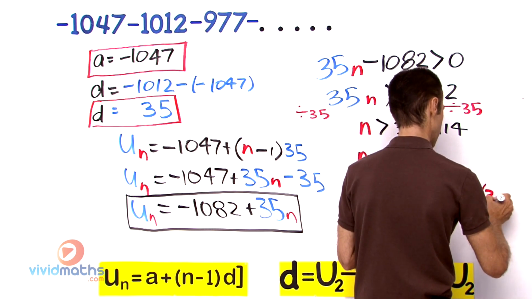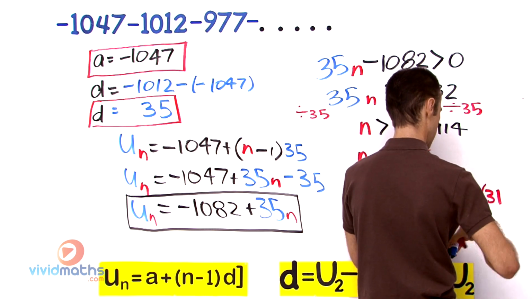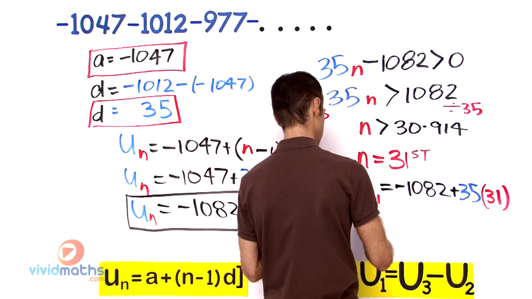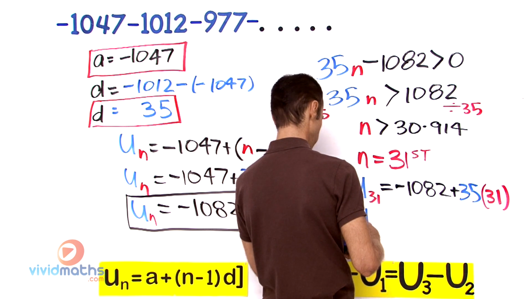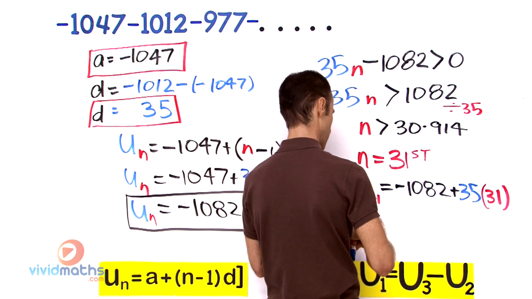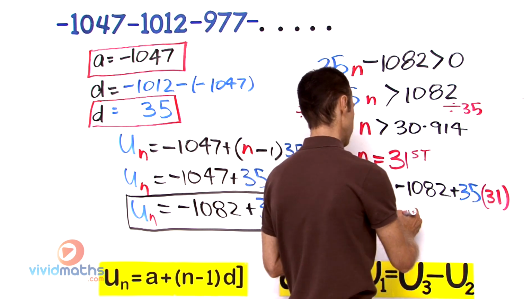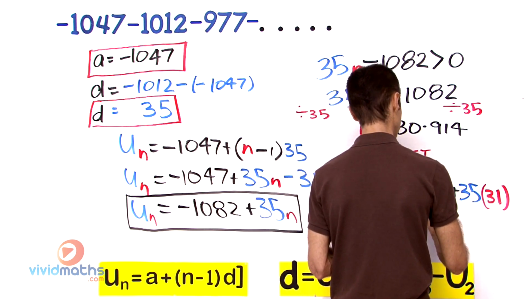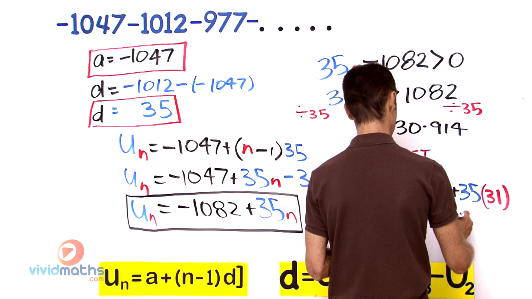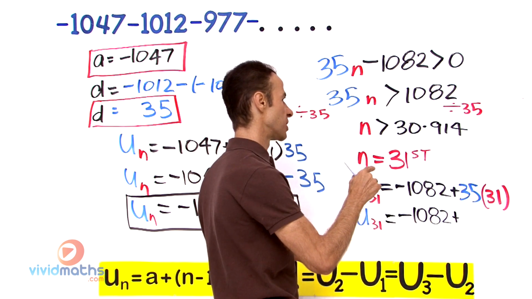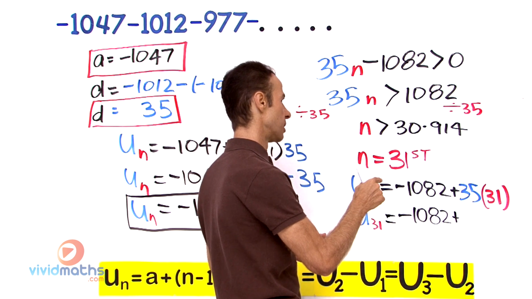Let's work this out. The 31st term is equal to negative 1082 plus 35 times 31, which gives us a value of 1085.